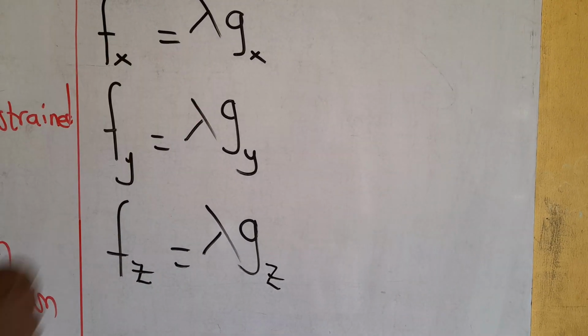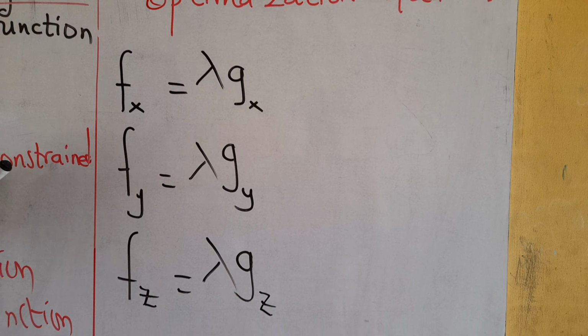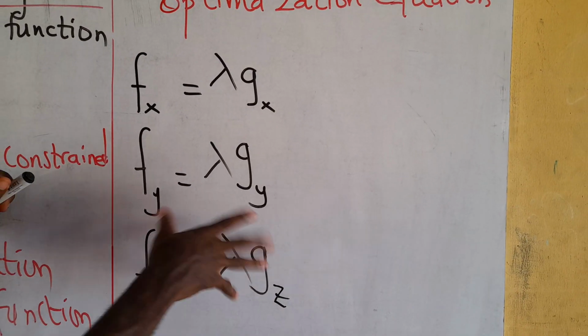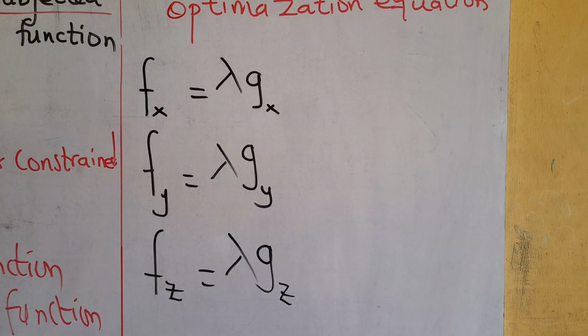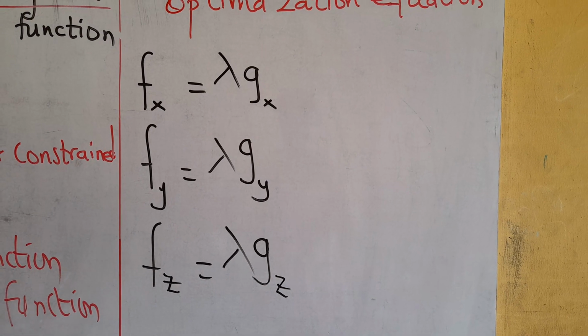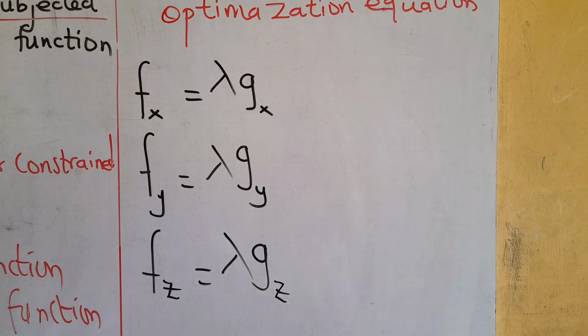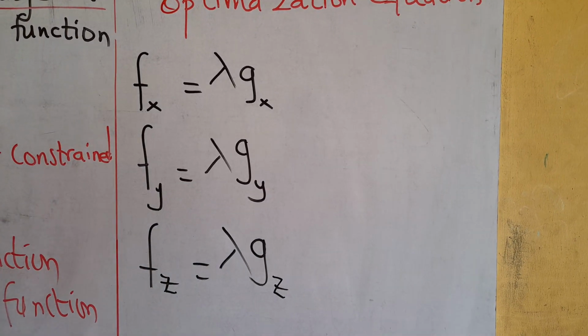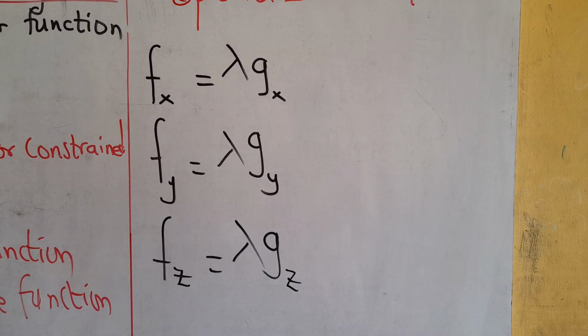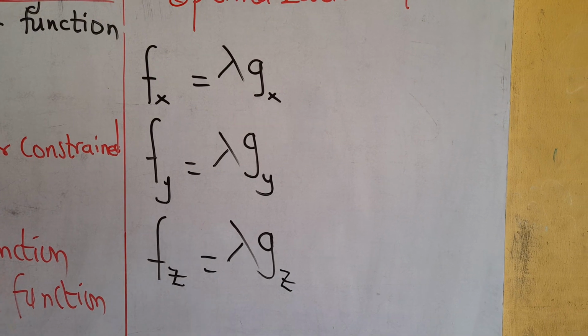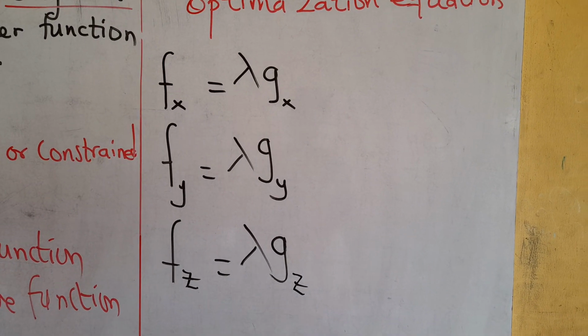So after we do that, we find the value of x in terms of lambda, the value of y in terms of lambda, and if possible, the value of z in terms of lambda. After that, we substitute it into our subjective function to get their corresponding values of x, y, and if possible, z.